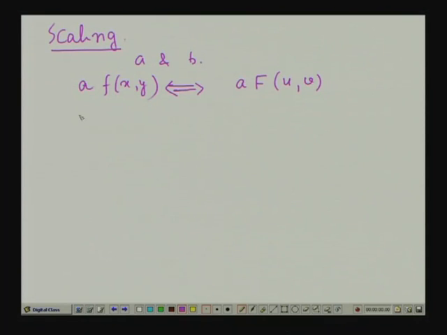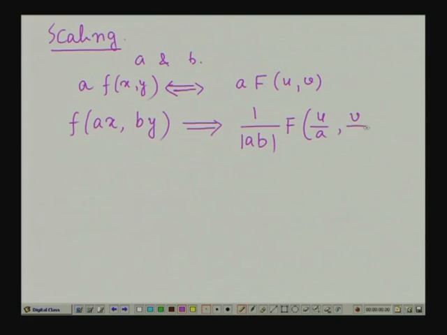And the second one is, if I take f of a x, b y, that is, you scale the individual dimensions, x is scaled by the scalar quantity a and the dimension y is scaled by the scalar quantity b, the corresponding Fourier transformation will be 1 upon a into b, then the Fourier transformation F of u by a and v by b, and this is the reverse.